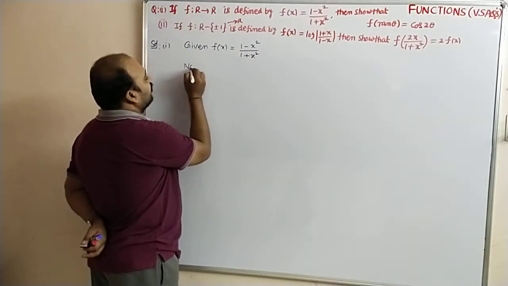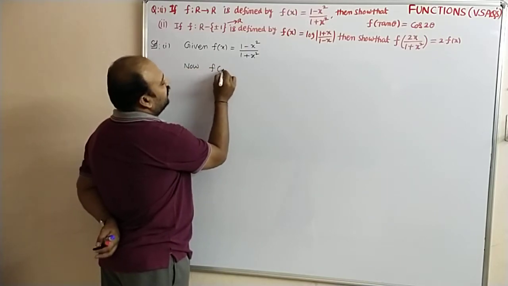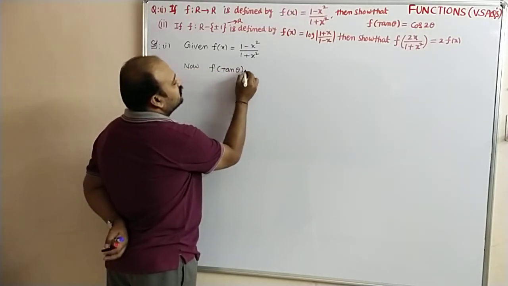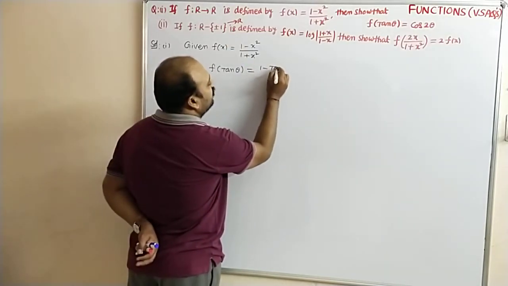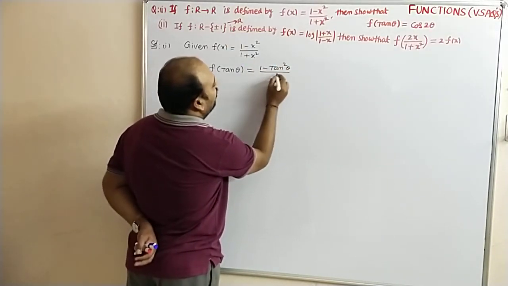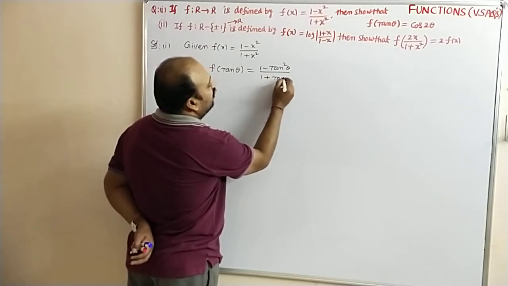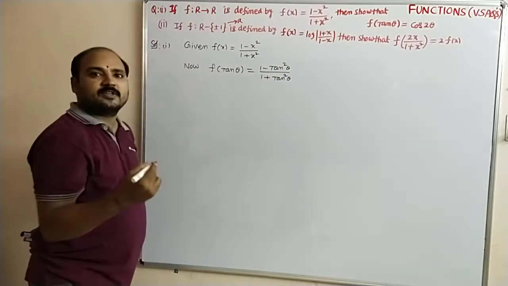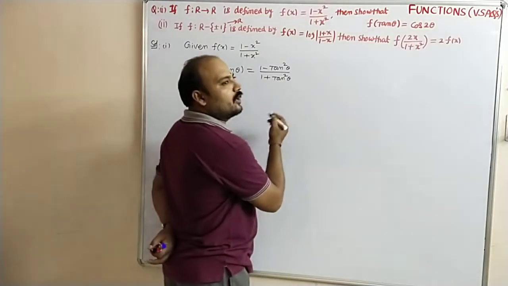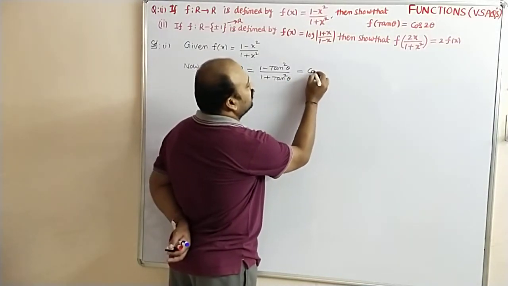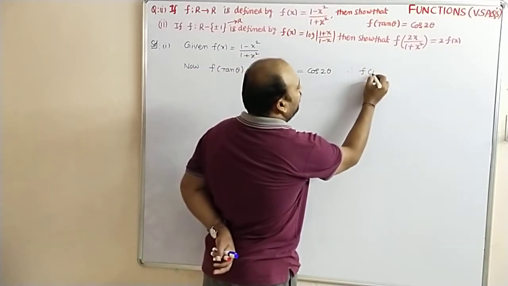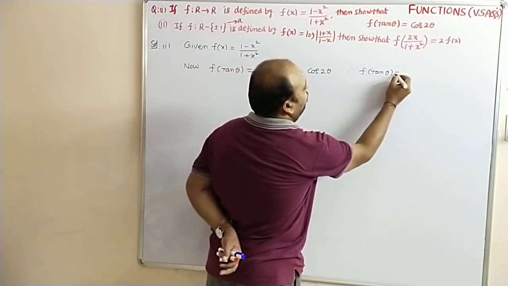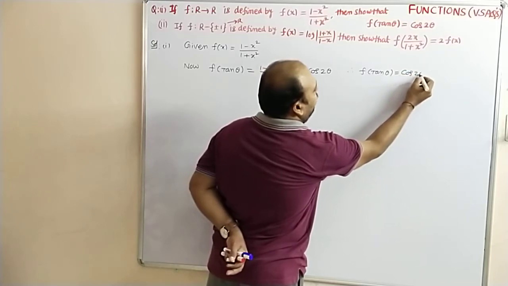Now f of tan theta: wherever x is there, tan theta you have to replace. 1 minus tan square theta divided by 1 plus tan square theta. 1 minus tan square theta by 1 plus tan square theta is the formula for cos 2 theta in terms of tan. So cos 2 theta. Therefore, f of tan theta equal to cos 2 theta. Hence proved.